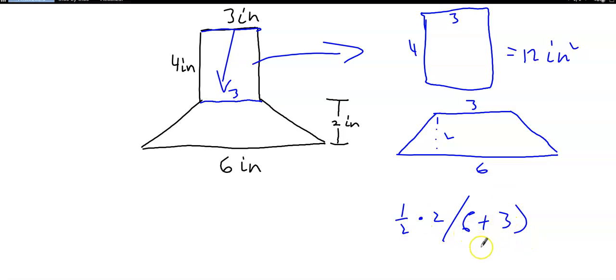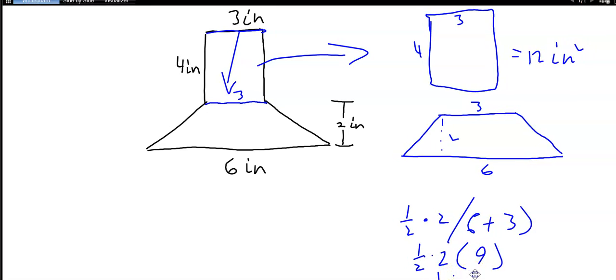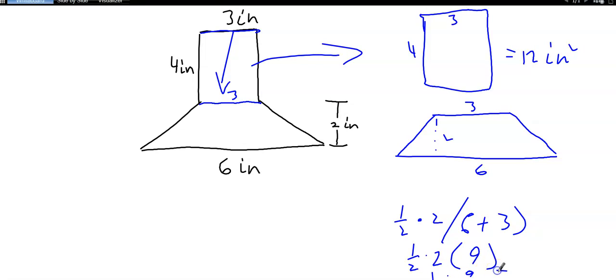6 plus 3 is 9, multiplied by 2, multiplied by half. Half of 2 is 1. Multiplying that by 9 gives us 9. And this was inches squared. Now, we did the area of the rectangle, which was 12.